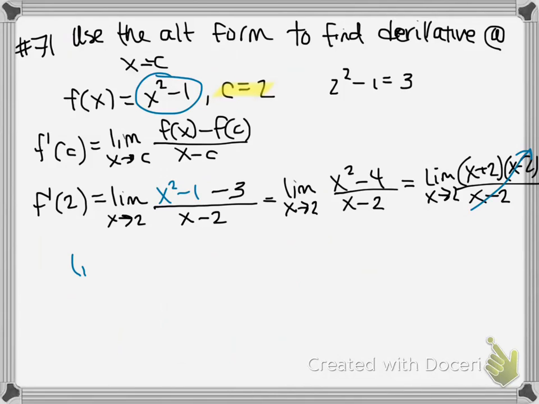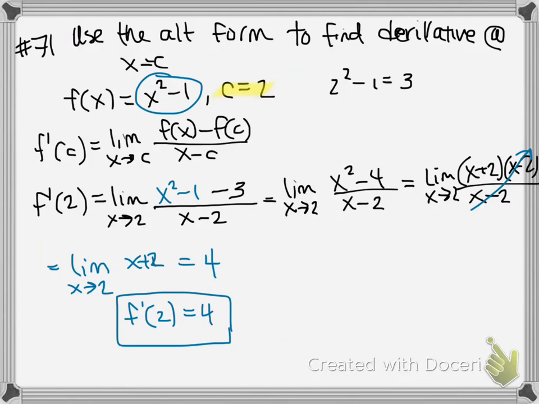So all I'm left with is the limit of x plus 2 as x approaches 2. So now I can use direct substitution, and when I do that, I get that my answer is 4. So the derivative at x equals 2 is 4. And remember that slope. So if I were to graph this, I know that the slope at my point 2 is going to be 4.